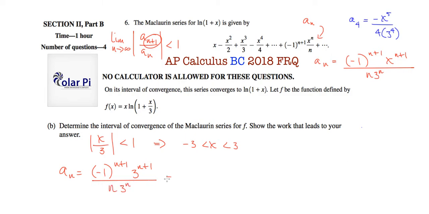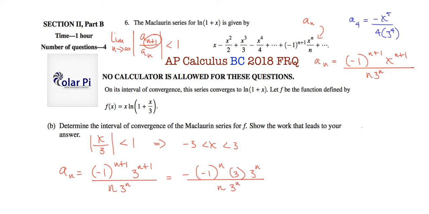Now we can write this as (-1)^n, and then times 3 times 3^n, and then divided by n times 3^n, right?